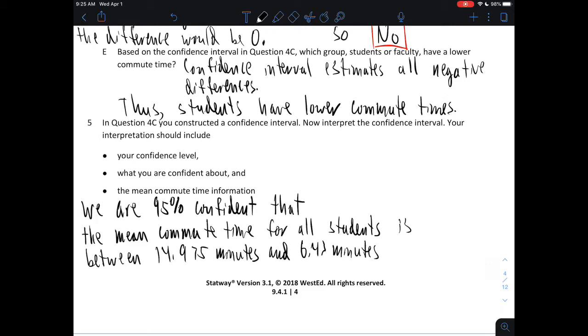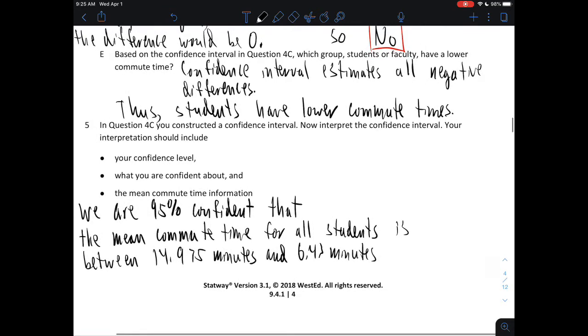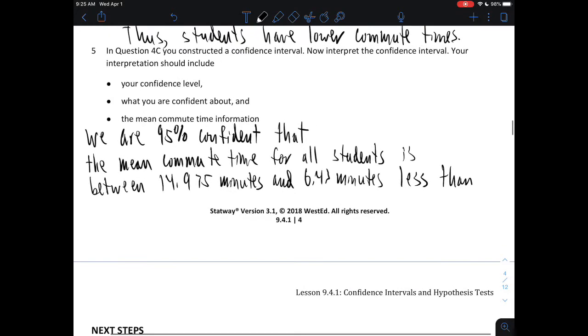So we are saying that the students have a lower commute time, so these minutes are less than the mean commute time for faculty.